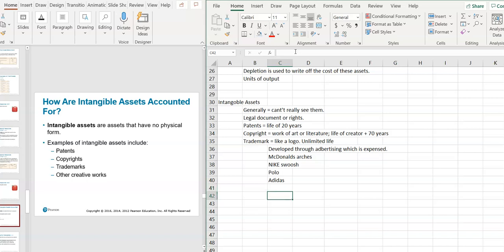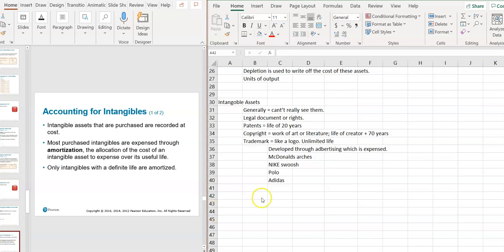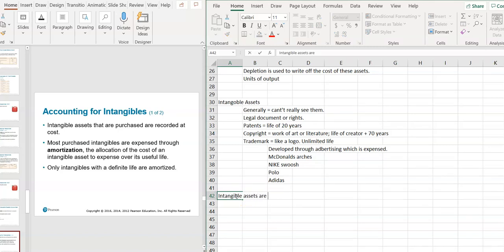Okay. Intangible assets are amortized. All right, intangible assets are generally amortized over their life.